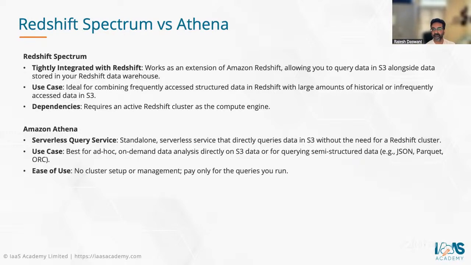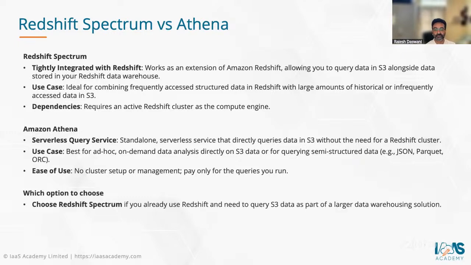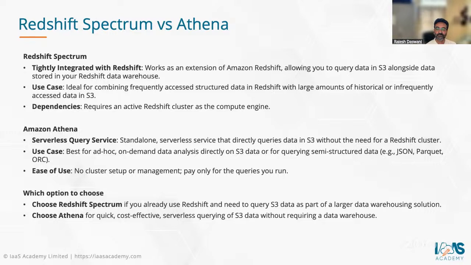You basically pay for the number of queries you run. So which option do you choose? You choose Redshift Spectrum if you're already using Redshift and you need to query S3 data as part of a larger data warehouse solution. Use Athena for quick, cost-effective serverless querying of S3 data without requiring a data warehousing solution.